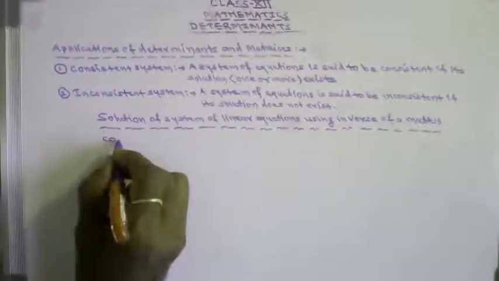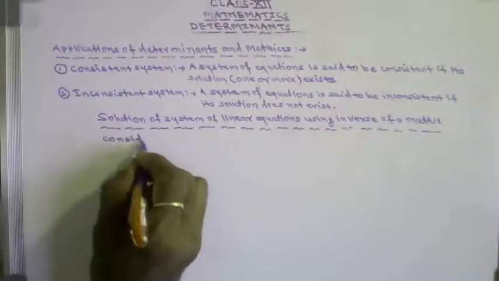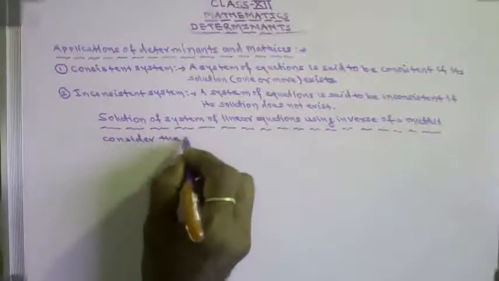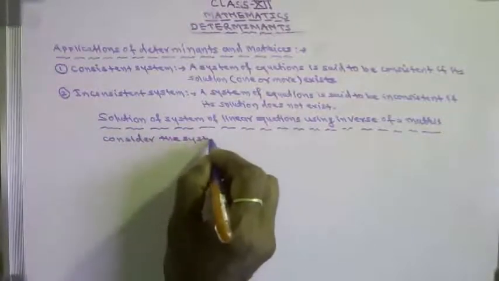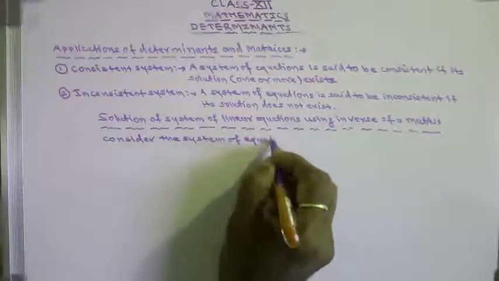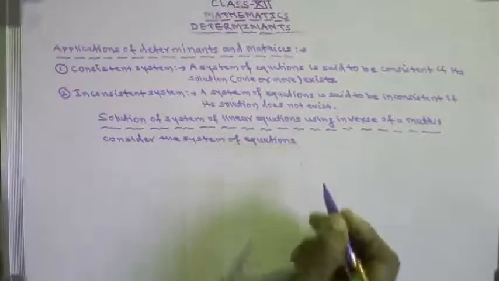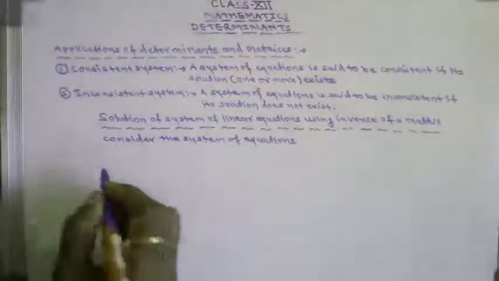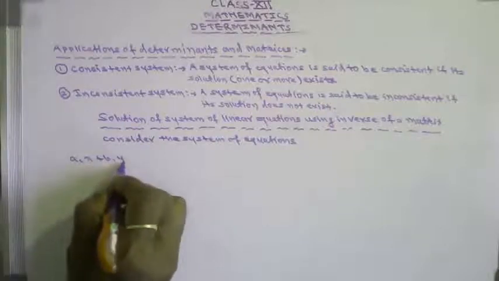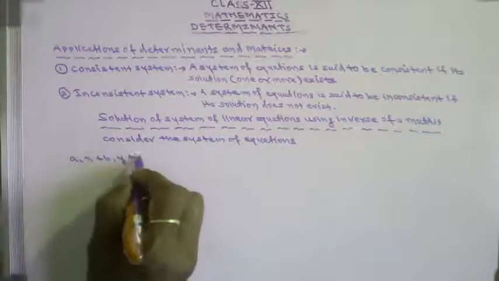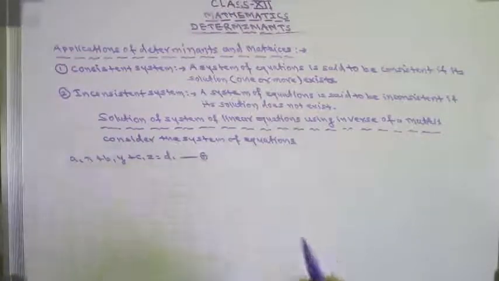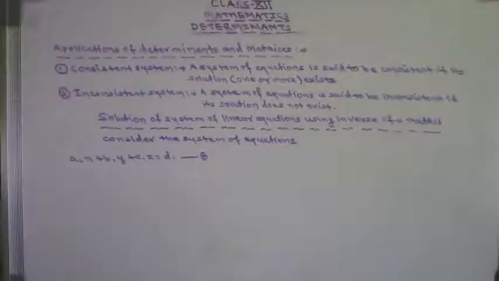Consider the system of equations. Suppose a1x plus b1y plus c1z is equal to d1. Suppose this is the first linear equation in 3 variables.